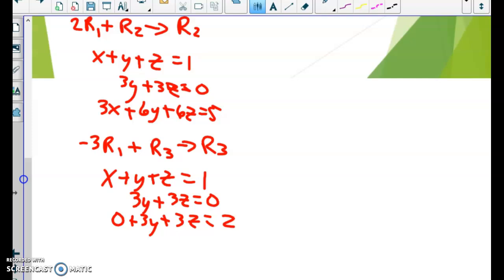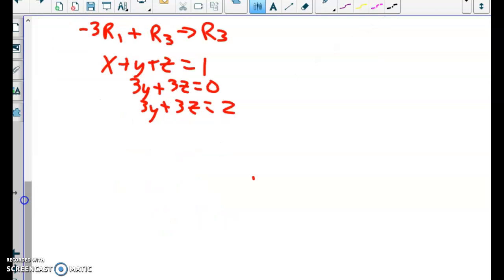At this point, I notice that these two are the same, so I'm going to simply subtract row 2 and row 3 and put that in row 3. Row 2 minus row 3 into row 3.